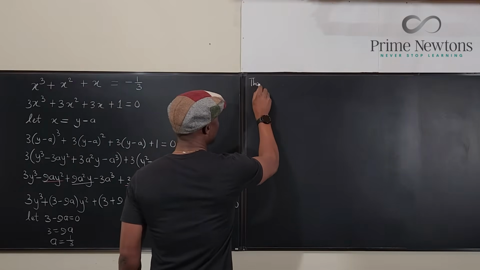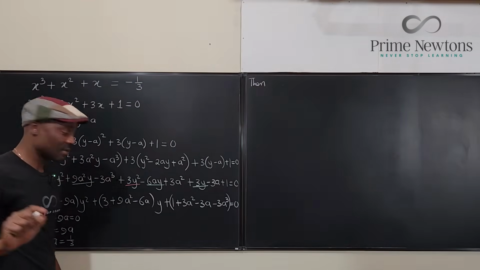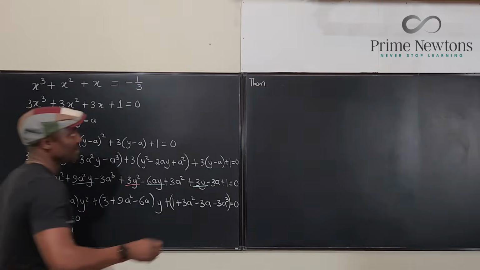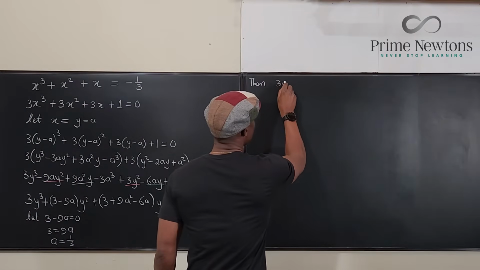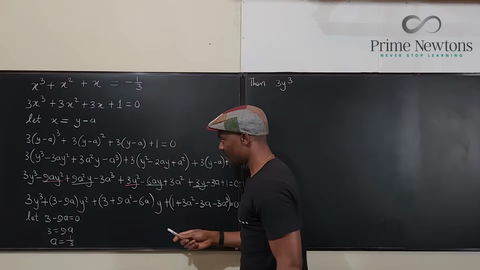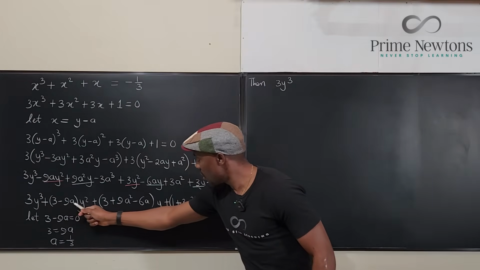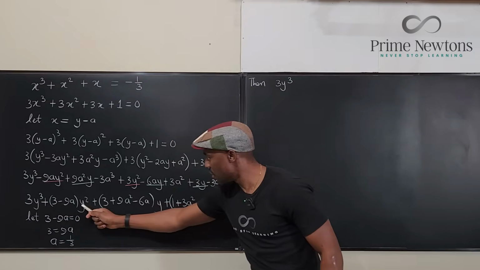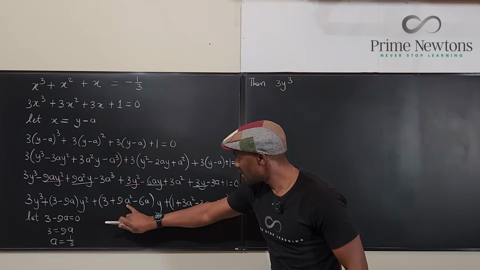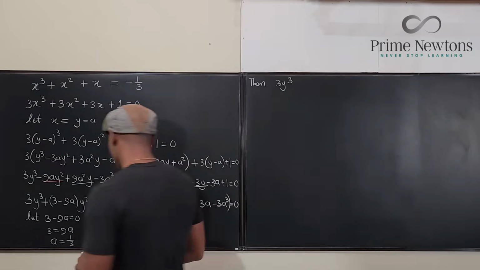Then if a is 1/3, we have 3y cubed stays. This whole term is gone because then we're going to get this to be 0. If you do the evaluation here, let me just do it here.